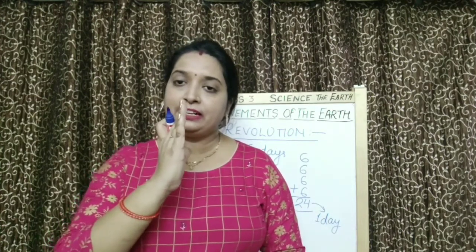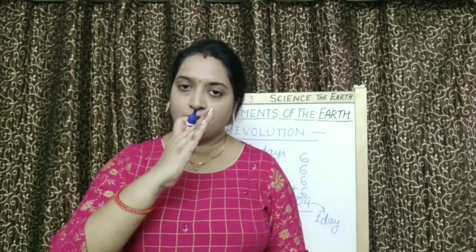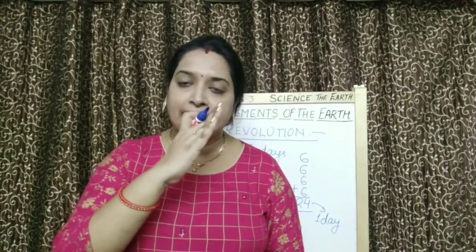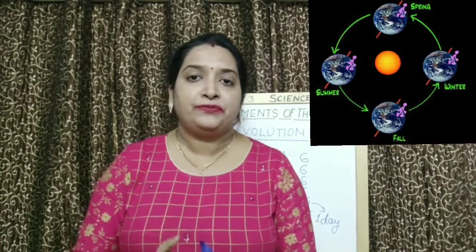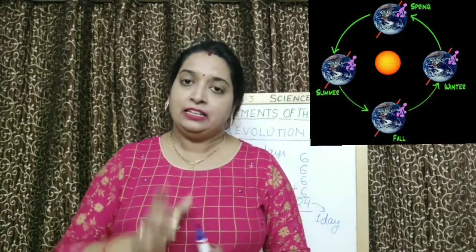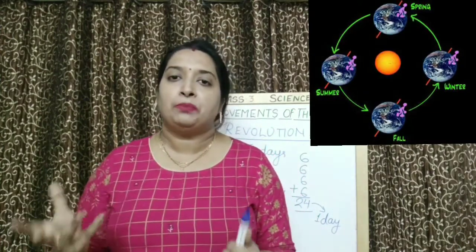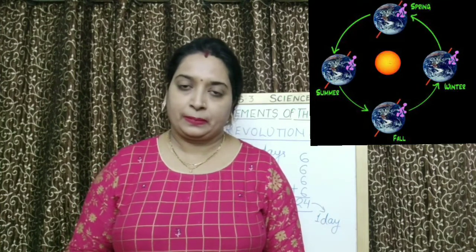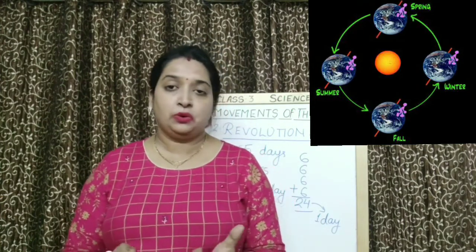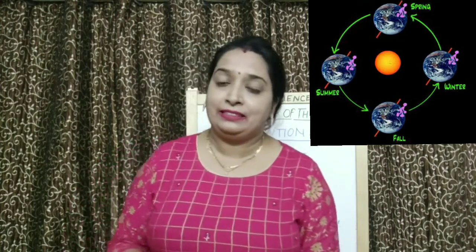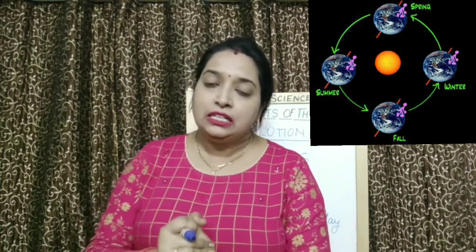This axis is a little bit tilted. So children, actually the reason for different kinds of seasons is this tilt and revolution both. So if I ask you, we have different seasons, what is the reason behind that? The reason is the tilt of the axis of earth and the revolution of the earth.